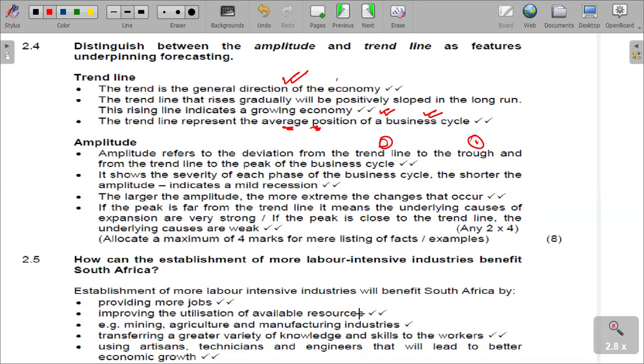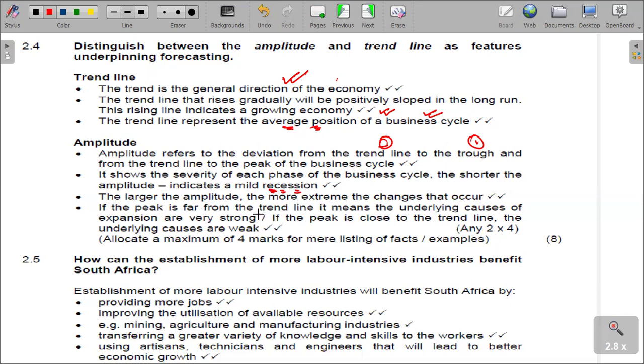It shows the severity of each phase of a business cycle, where a shorter amplitude indicates a mild recession, a small, not too heated recession.